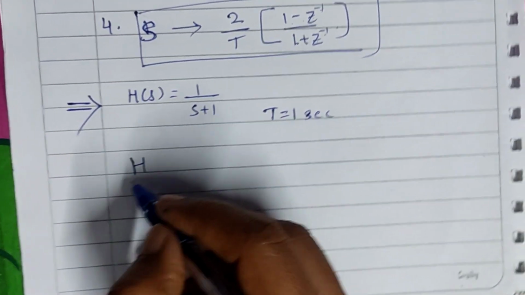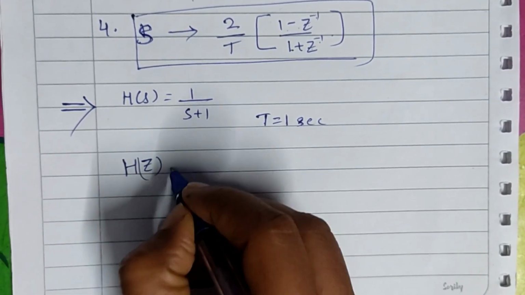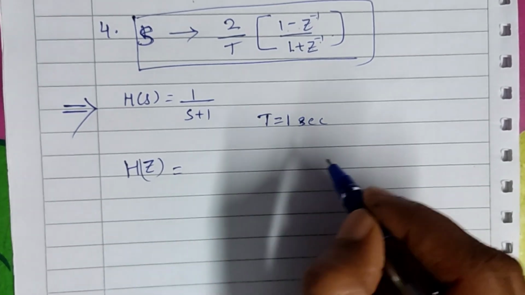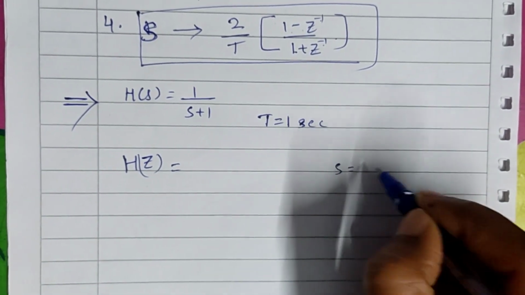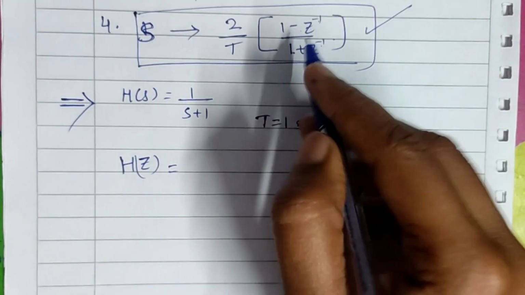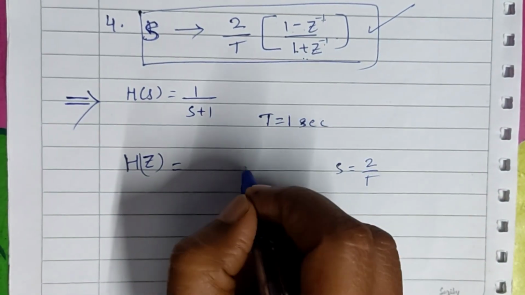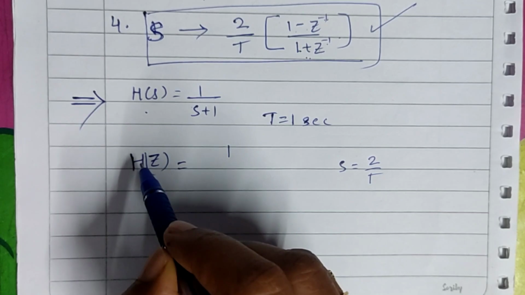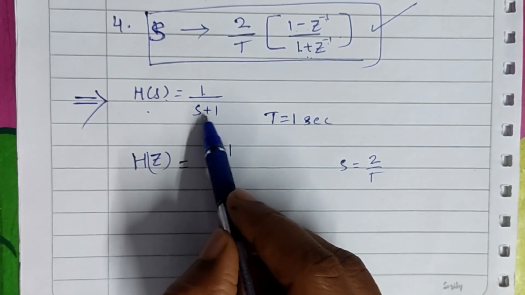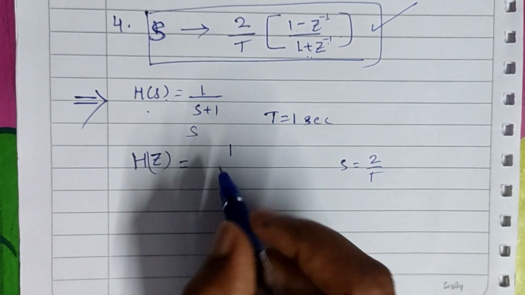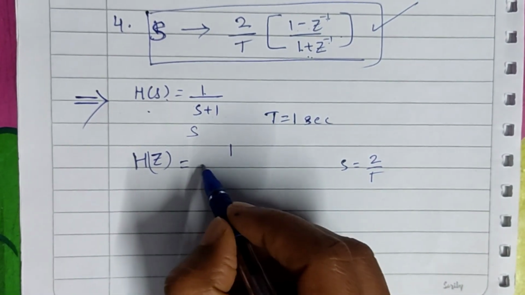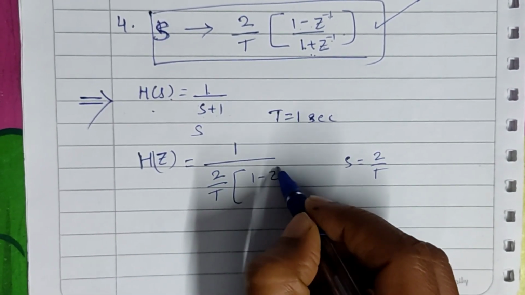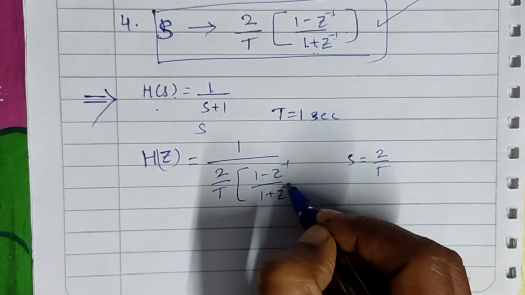How to apply? H of Z will be equal to H of S with S substituted as 2 by T into 1 minus Z raised to minus 1 divided by 1 plus Z raised to minus 1.